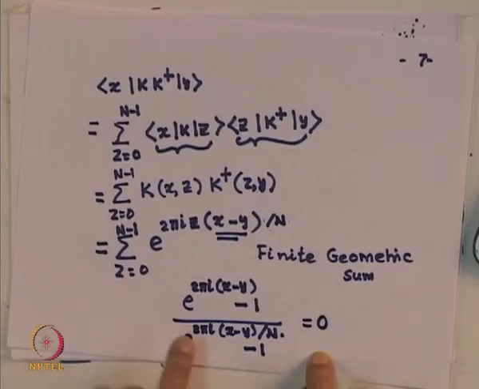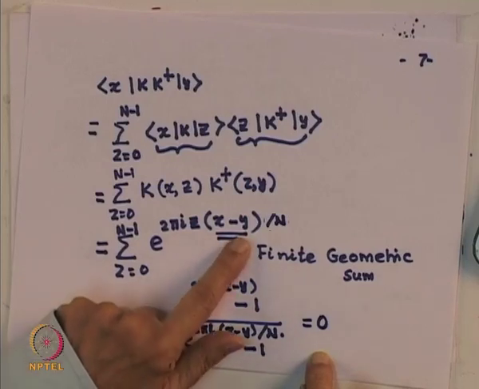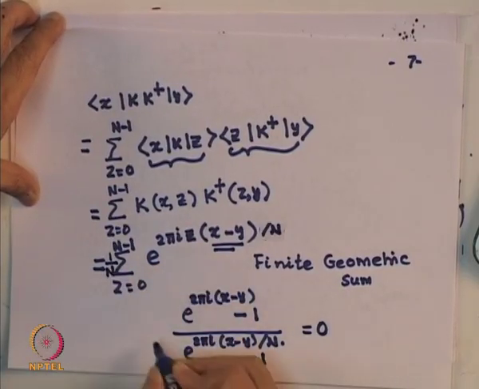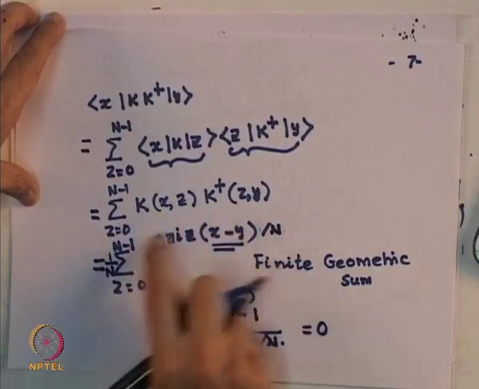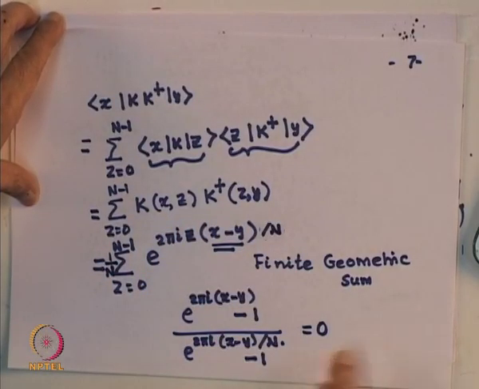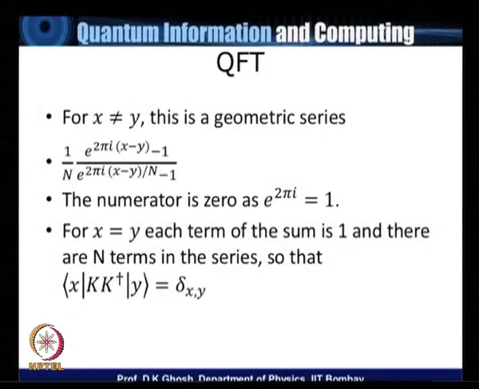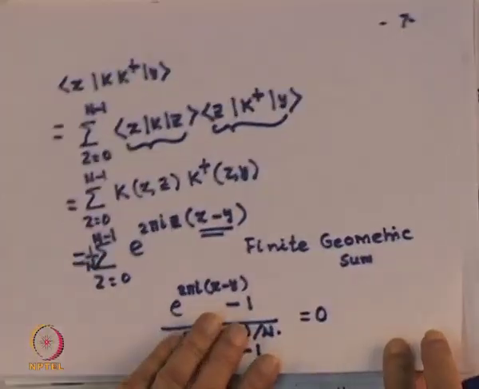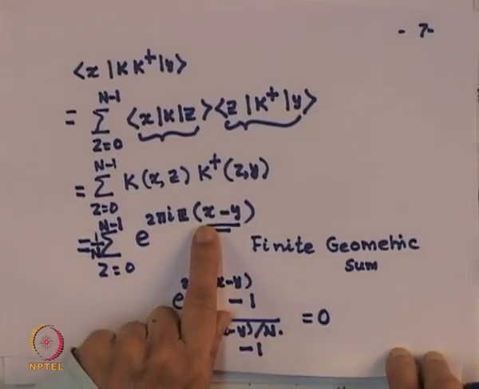But on the other hand, if x happens to be equal to y, I had, while writing this down, forgotten a factor 1 over square root of n, so I need to introduce that 1 over square root of n twice, so therefore 1 over n is there. Now, this is still equal to 0, but if I have x equal to y, note that this term becomes 0.